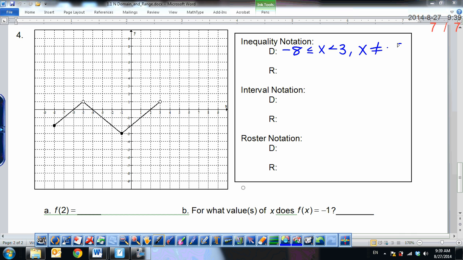So x cannot equal -5. The other way you could write this is -8 is less than or equal to x, which is less than -5, and -5 is less than x, which is less than 3. Either of those are 100% correct. I do not care which way you write it. Whichever way makes more sense in your head is fine by me.